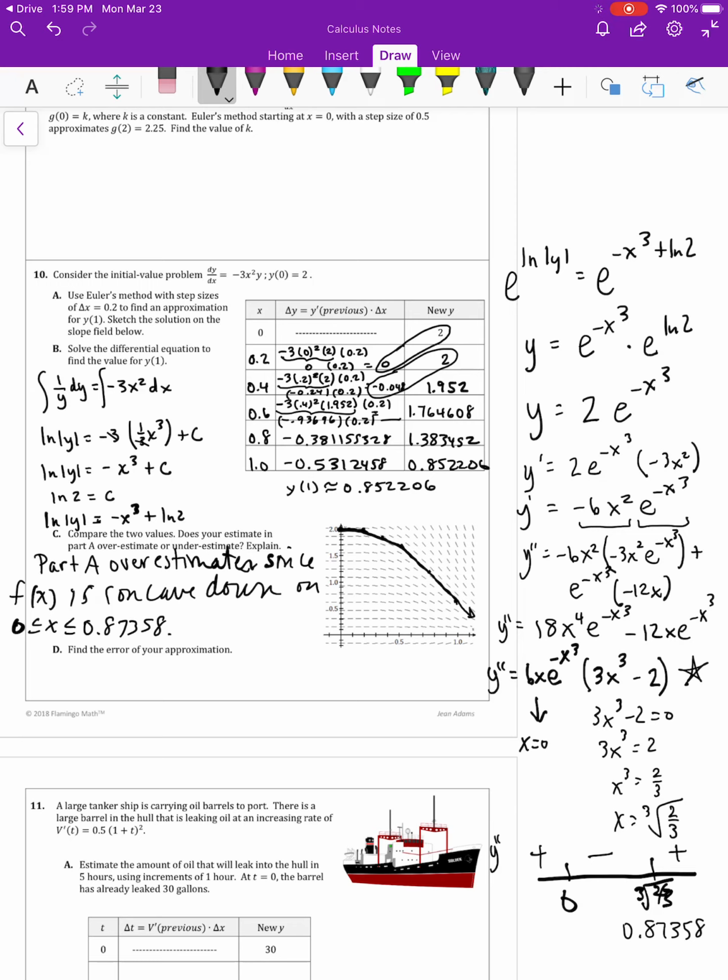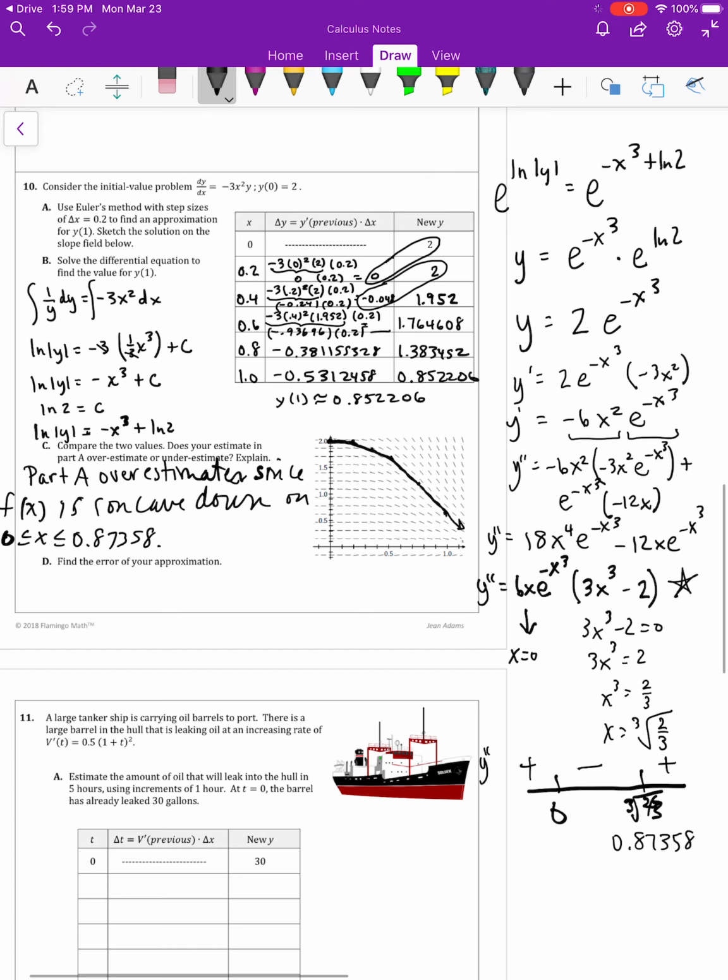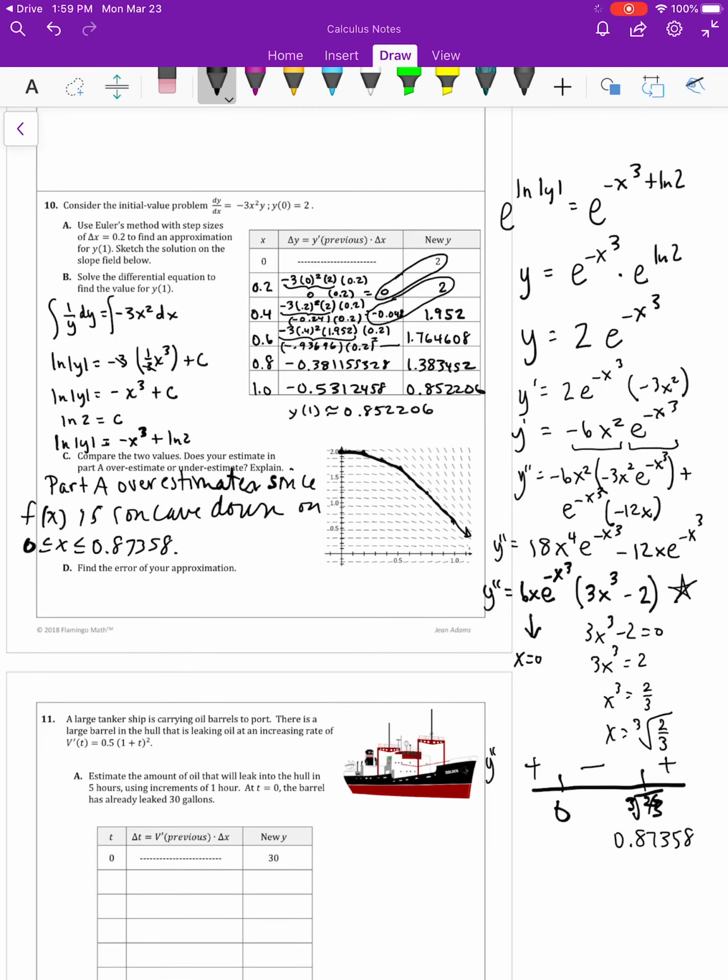And so I wanted to show you that this is where that came from. You could have also found it by putting that second derivative into your calculator and calculating it. You know, I just did it algebraically here, but you could have also done that using your calculator, but you still would have had to have that function.